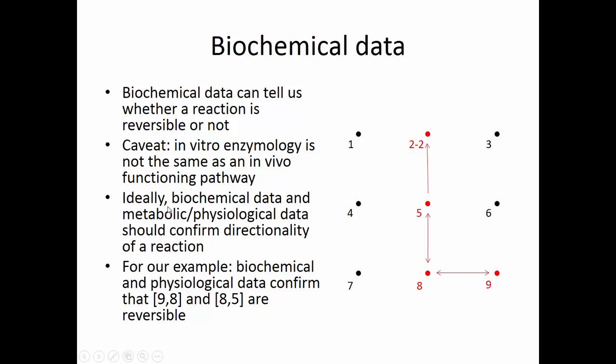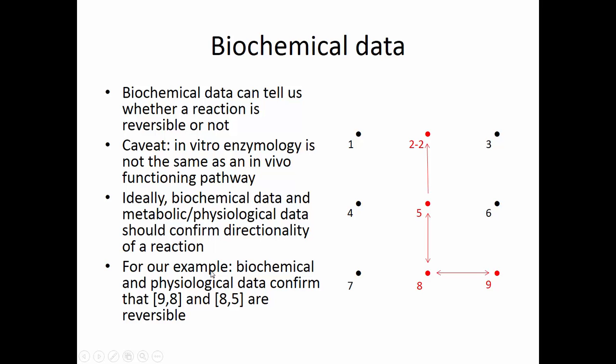So ideally, biochemical data and metabolic physiological data should confirm directionality of a reaction. And there are ways we could do that as well. We could confirm bidirectionality. Potentially we could feed 5 and see if we can make 9. Who knows? Then that may not work, but who knows? There are things we could try anyway.